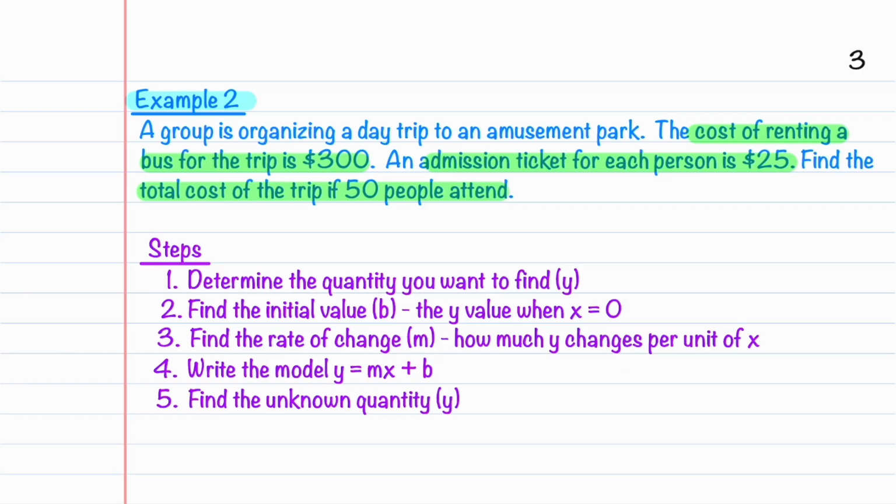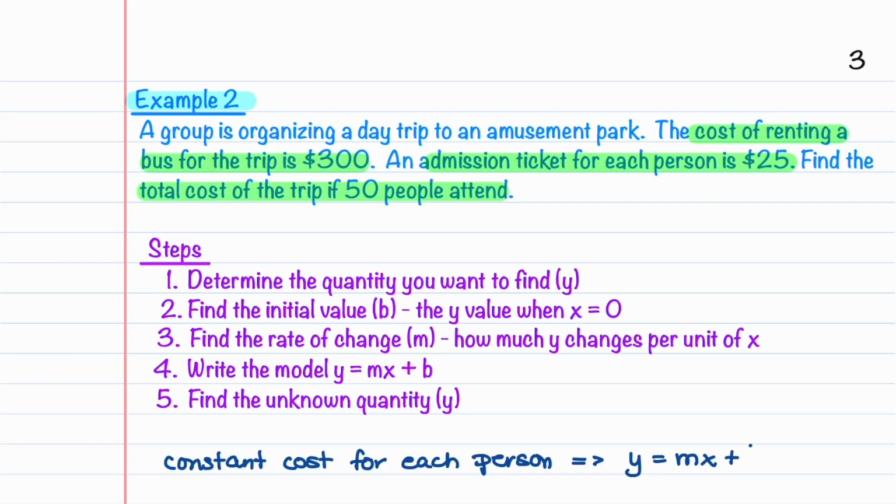This problem involves the cost of a trip where each person pays the same amount. That means we have a constant cost for each person. So I'm actually going to write that down here. So we have a constant cost for each person. And that tells us that we can use the model y is equal to mx plus b.